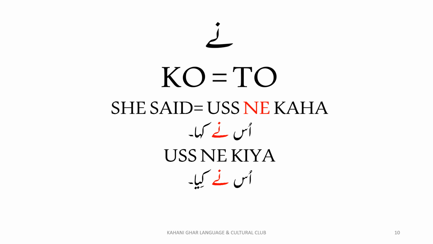So it looks like she said to someone. उसने किया, she did it. किया means do something in past tense. For both she and he we use उसने. उसने कहा, she said. उसने किया, she did or he did.